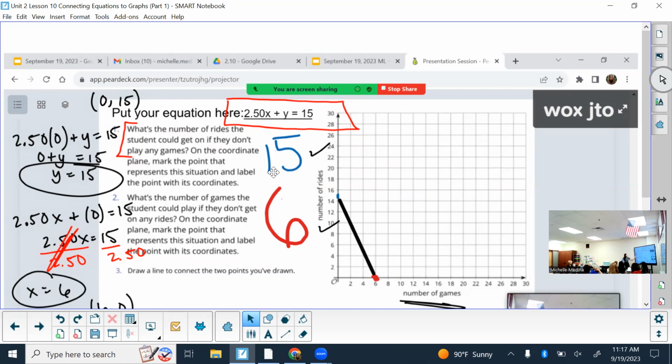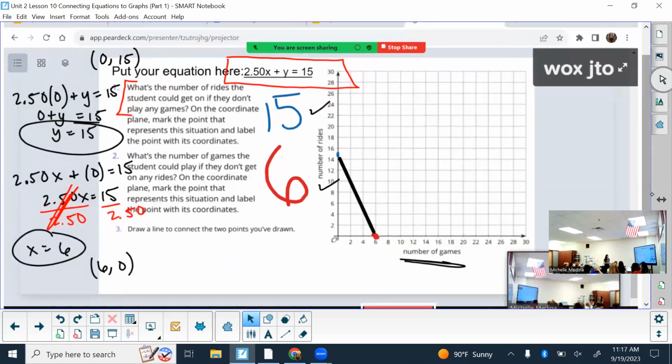So like this right here is my y-intercept, it would be on my y-axis. That coordinate was 0, 15. Because your y-intercept is when x is 0. Your x-intercept, which for this one was 6, 0. Your x-intercept is when y is 0, right? And that's how we solve for it algebraically.